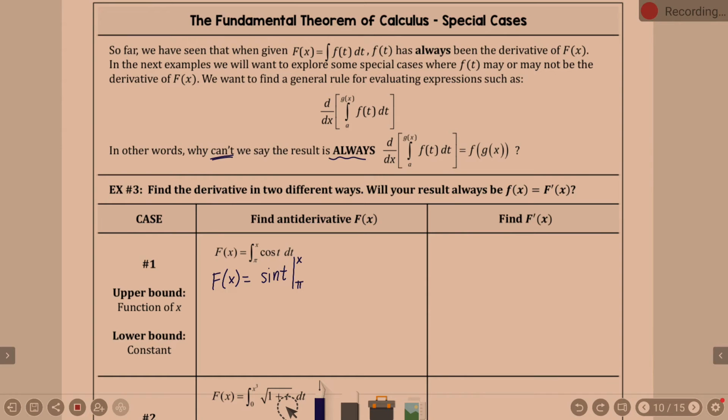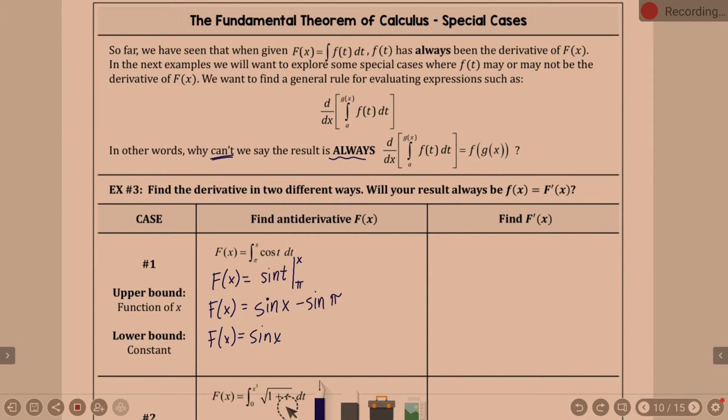If we actually plug these in, if we evaluate using our fundamental theorem of calculus, then it's going to be the sine of x minus sine of pi. Evaluate upper minus lower. What do you know about the sine of pi? It's 0. Okay. And so f of x just ends up being sine x here.